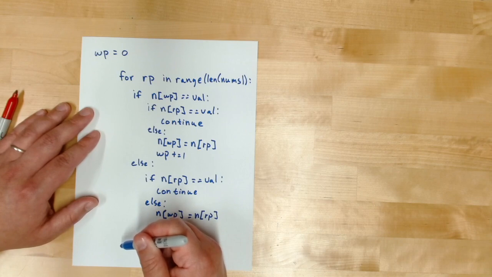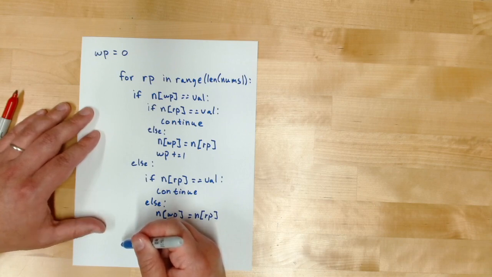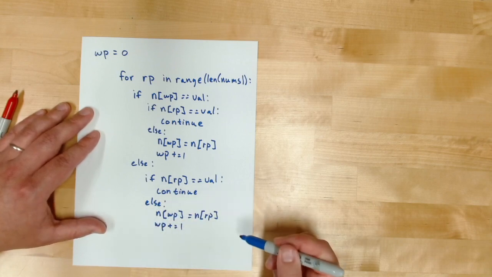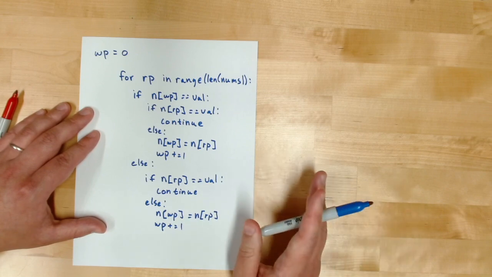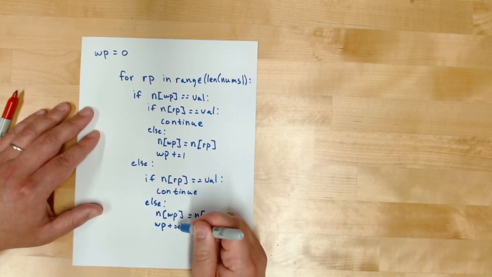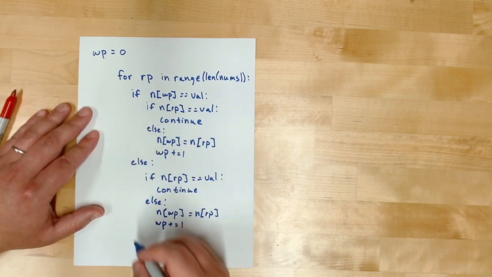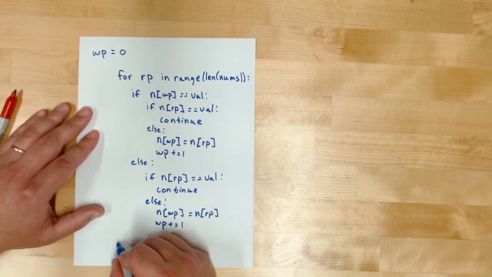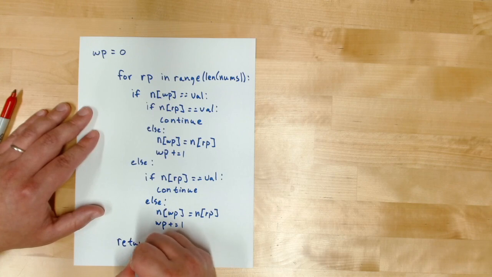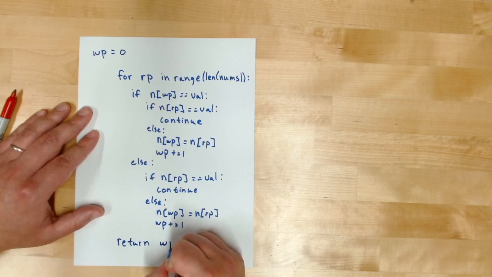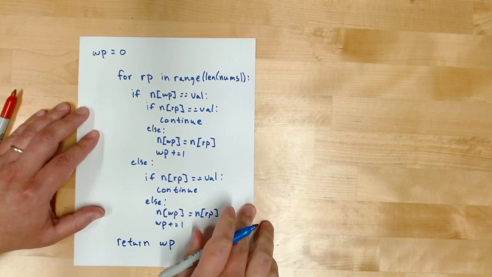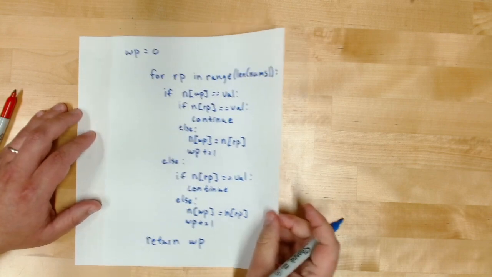Let's say all the values are invalid. Well, then it'll never move and we'll return 0. It's like, hey, every value is bad. So each time we increment the write pointer, we're saying, hey, we found a valid value. So at the very end, we've altered the array in place, and then we just need to return our write pointer.